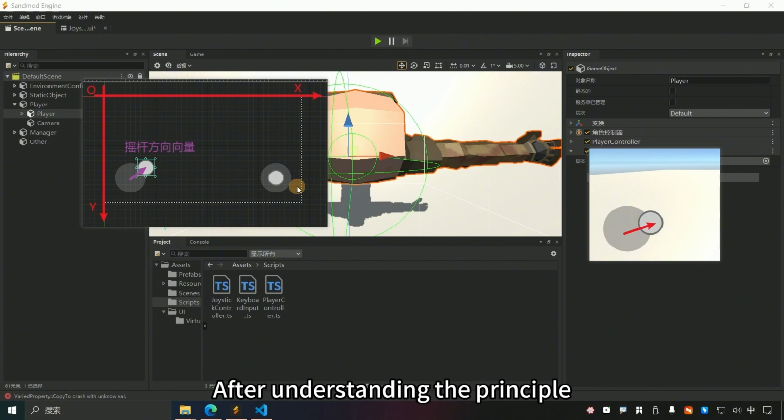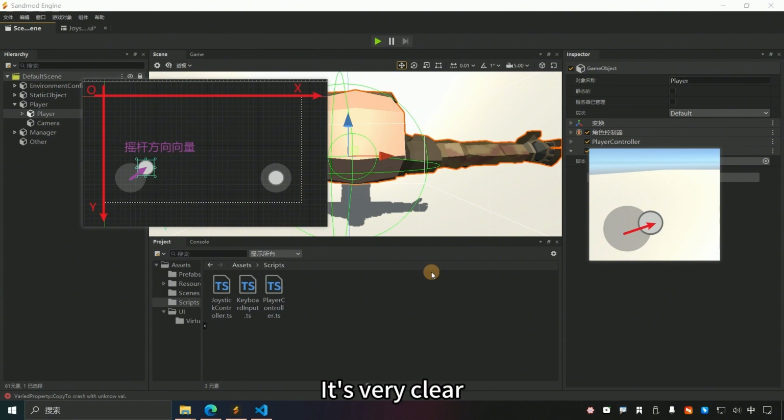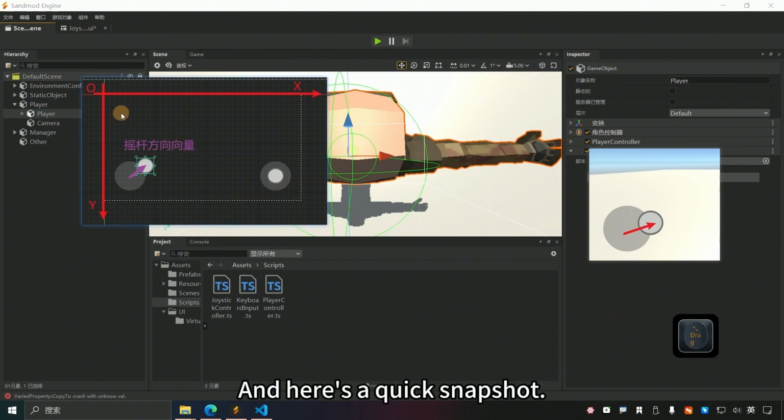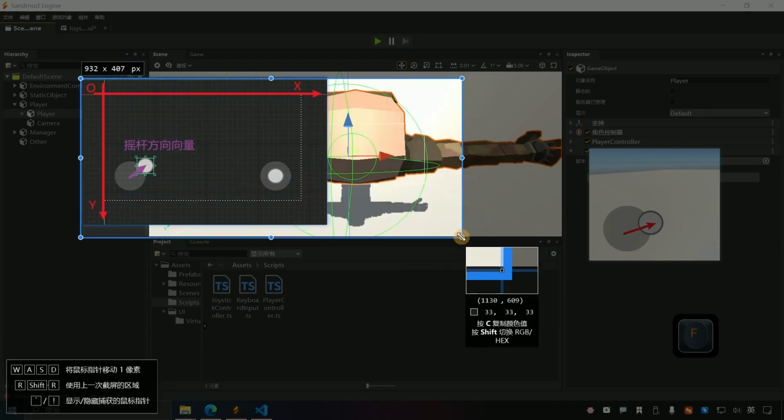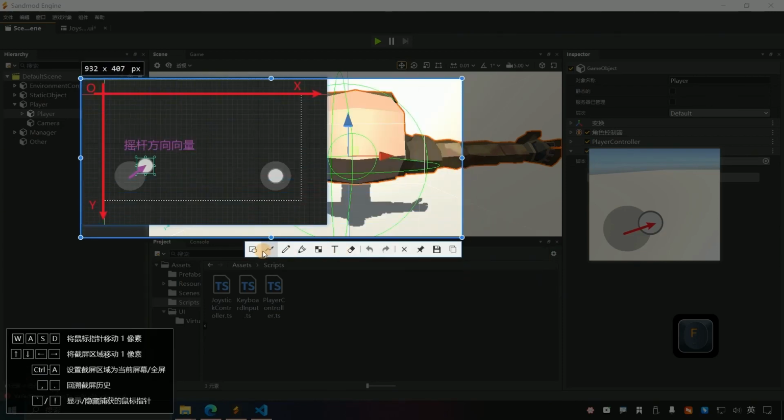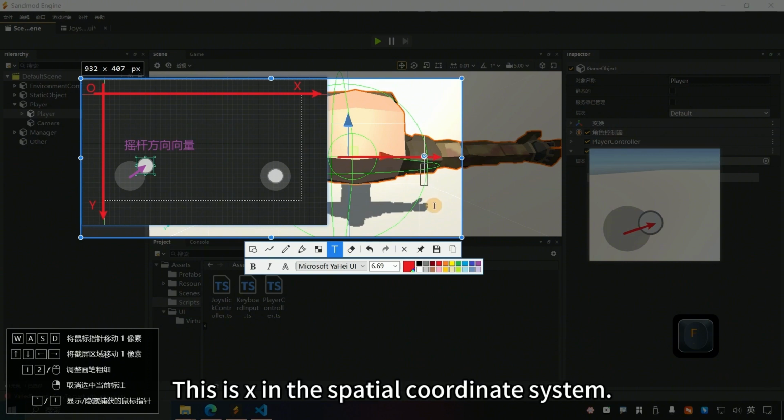After understanding the principle, let's write the code. It's very clear. And here's a quick snapshot. This is x in the spatial coordinate system.